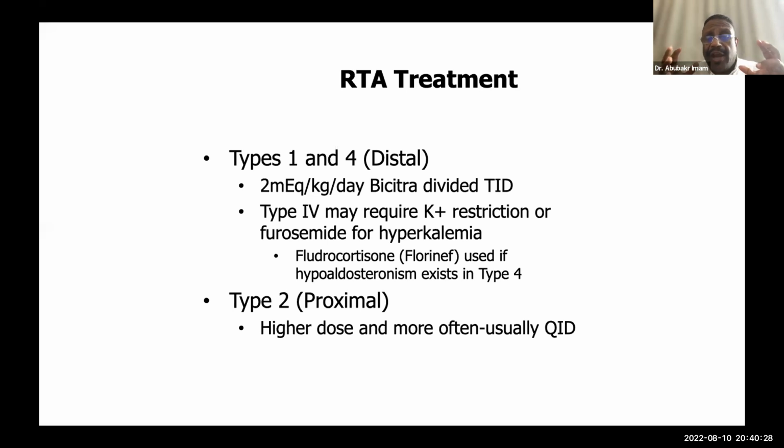You have to remember the proximal: think about Fanconi, think about what causes Fanconi. Commonly, cystinosis. Cystinosis is a disease that affects the tubular transport of certain amino acids within the tubule. A genetic defect causes cystine crystal deposition, resulting in a defect in the patient.